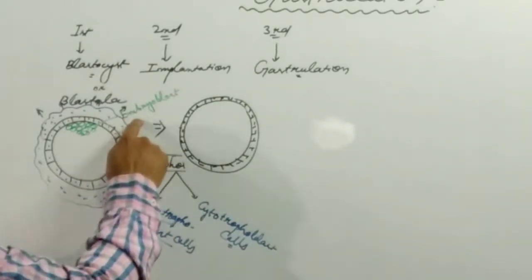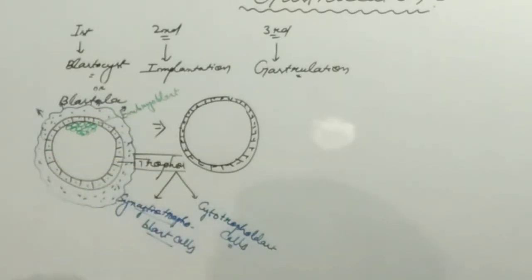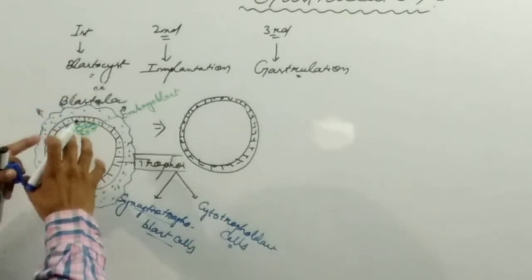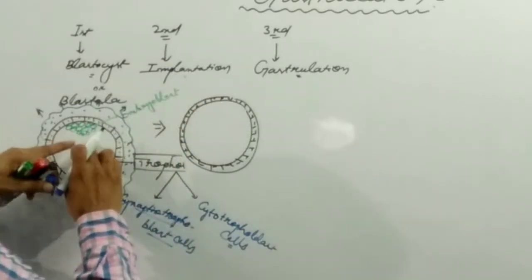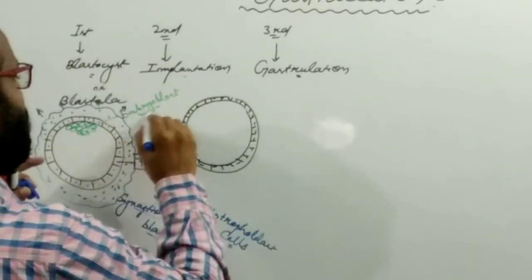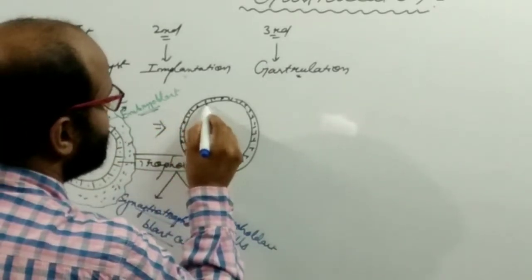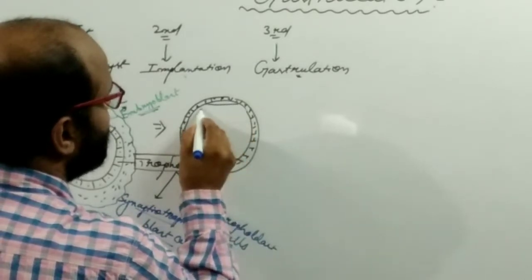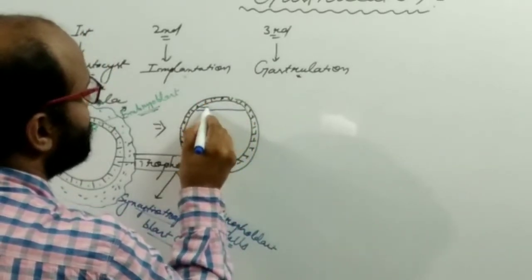At that time, the embryoblast cells, the mass of cells that were earlier present in a clump, during the second week of implantation arrange themselves in two layers.